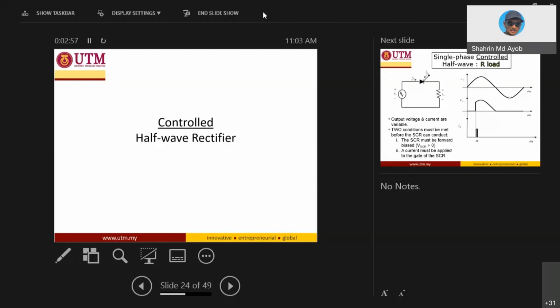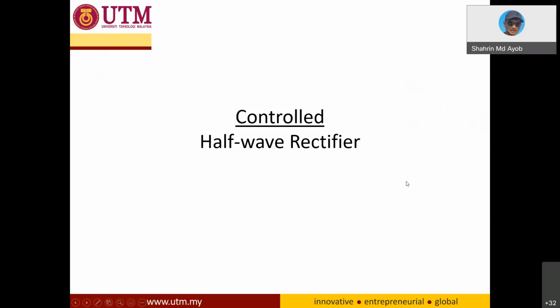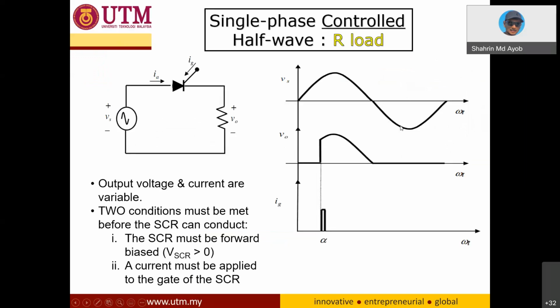So we continue our class with the half wave rectifier. Okay, control half wave rectifier. As usual, we will continue first with the R load, which is a very simple R load here.